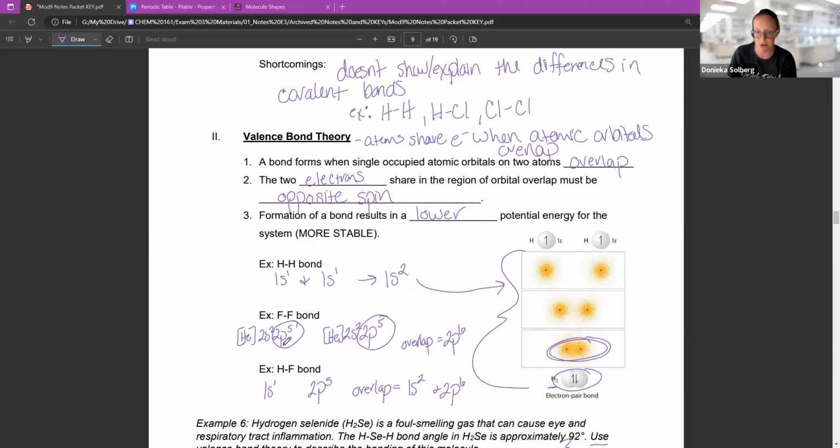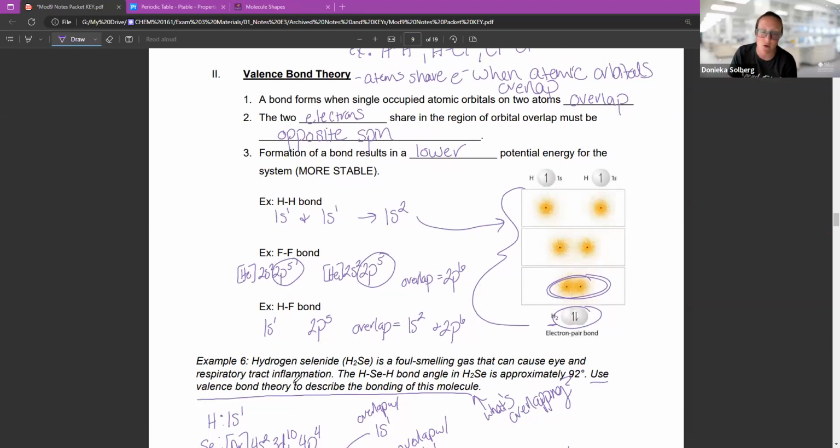A fluorine-fluorine bond would be very similar. It has a 2p5 and a 2p5, and then one of those p orbitals in each will overlap so that they have 2p6. Same thing with HF, only they're different orbitals, a 1s1 and the 2p5. One of the p orbitals will overlap with the s orbital. Everybody's happy, everybody has a full orbital. So that's kind of what valence bond theory is getting at. It explains some of what we see as well.